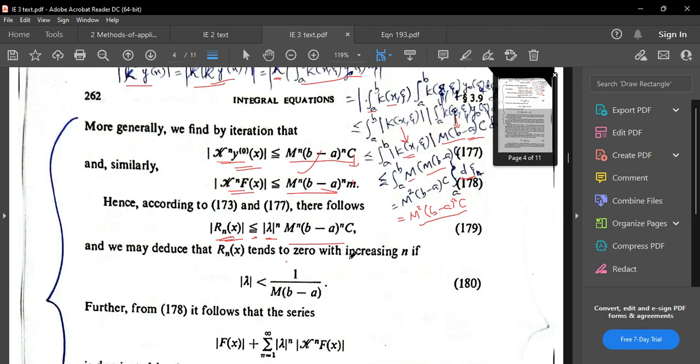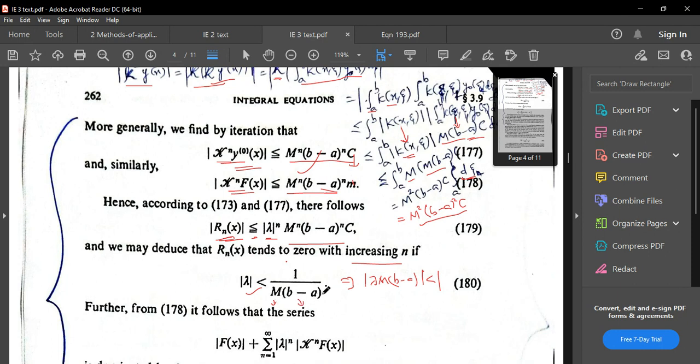And for increasing n, if mod lambda is less than 1 by M into (b minus a), if we take this condition, we will end up with mod lambda M into (b minus a) being less than 1. Yes, M is positive, b minus a is positive.